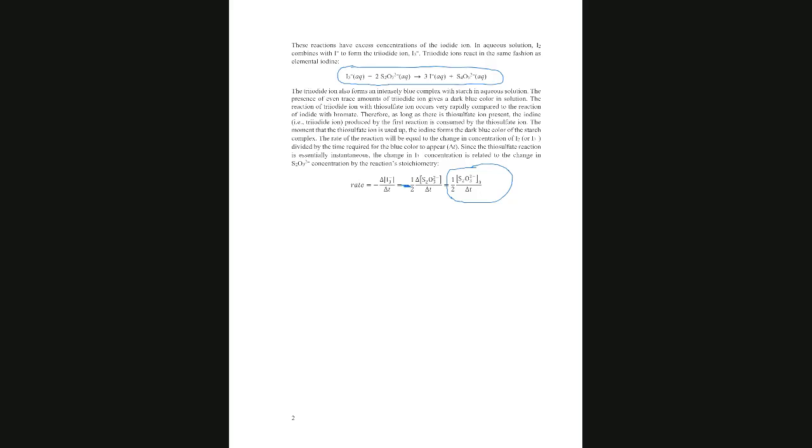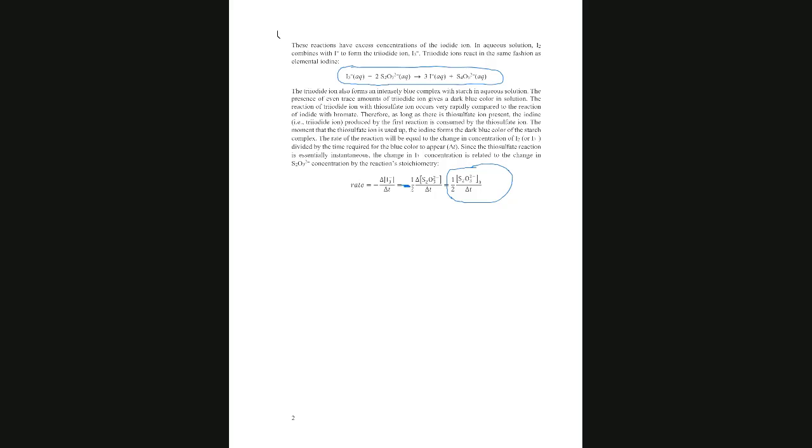The change in concentration of thiosulfate over time. But because when we see the blue, the concentration of thiosulfate is 0, we end up with this easy equation. This is how we are going to measure.